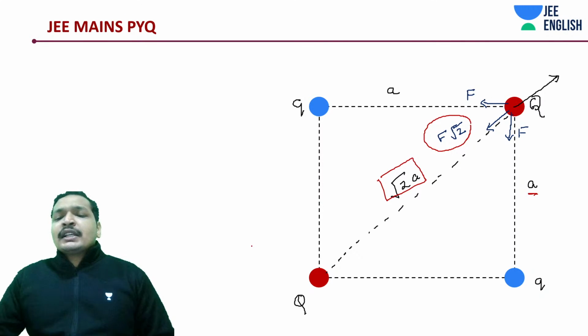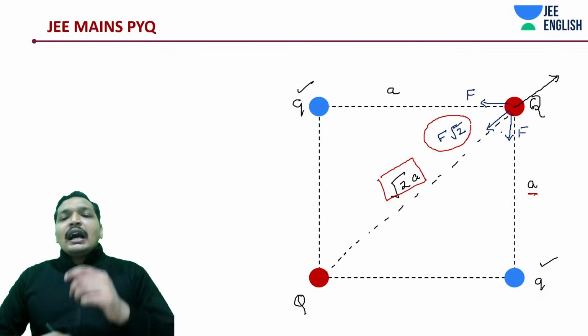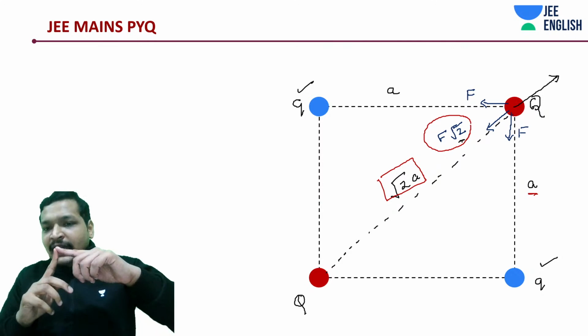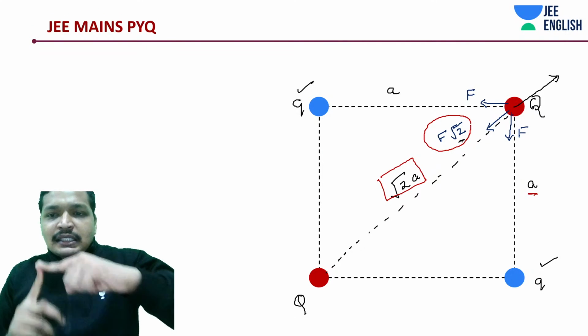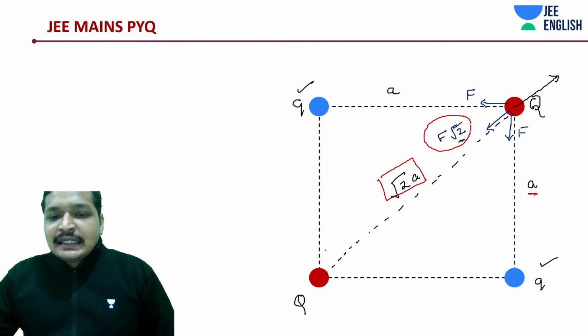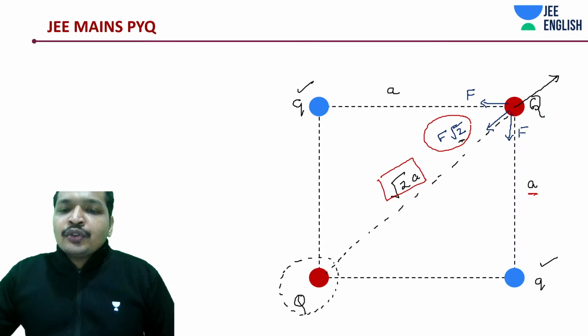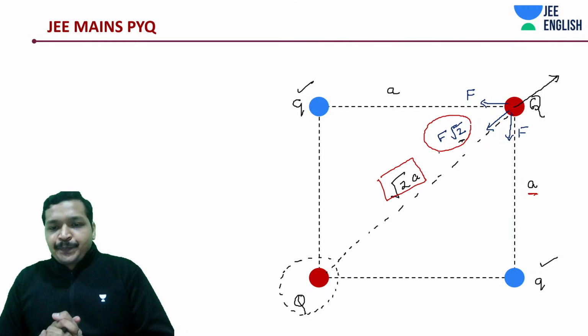But what I'm trying to say is these charges are at a nearer distance and they are ultimately getting multiplied with a root 2 because it's 90 degrees. Okay, these charges are nearer than this capital Q, and due to the forces between the charges, they are getting multiplied by root 2.